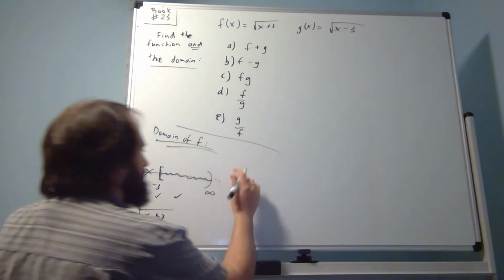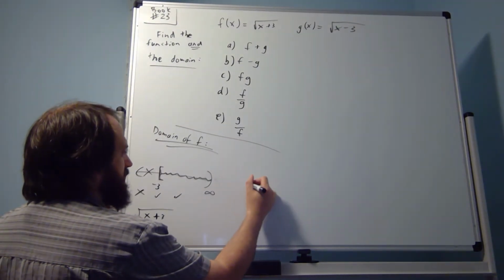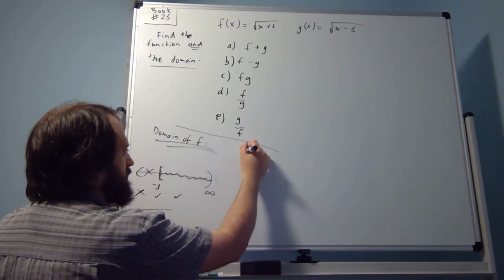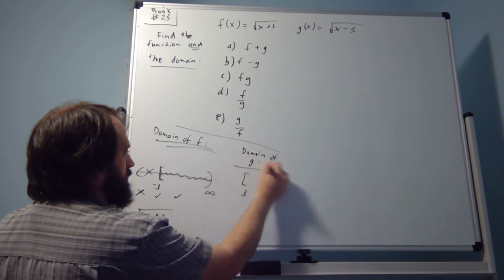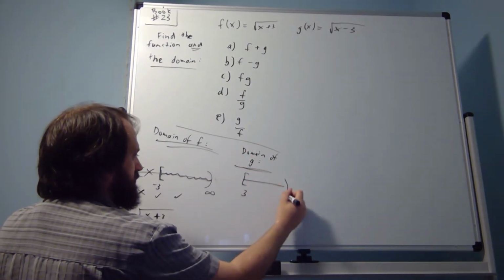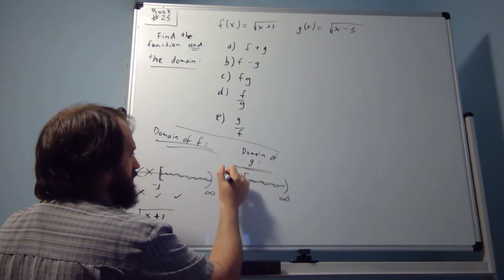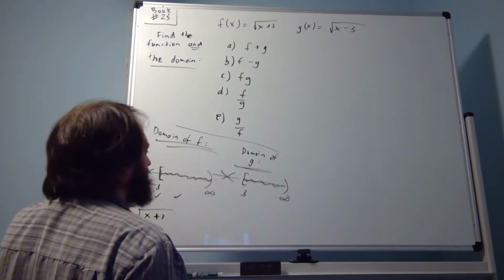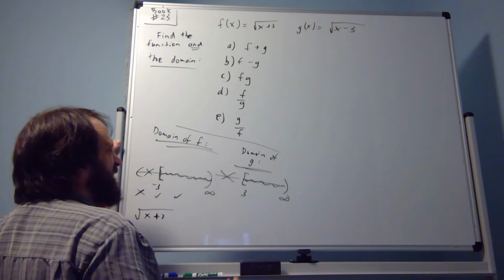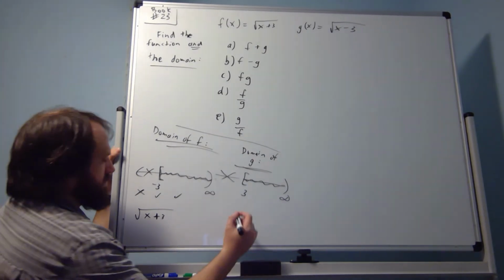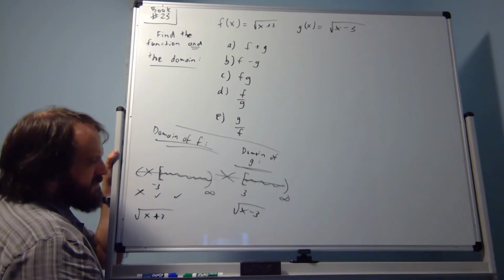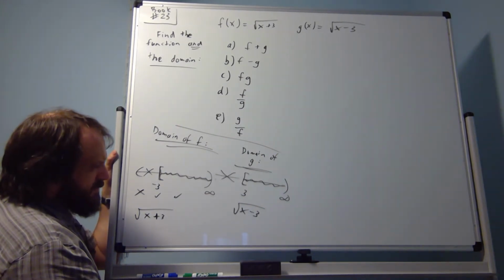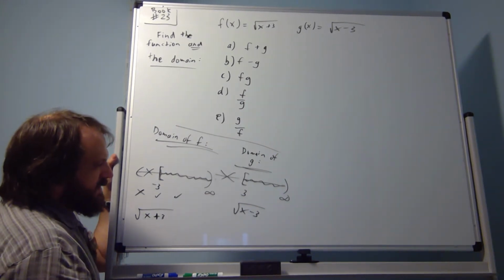The domain of g is the same thing, but it starts at +3, all the way up. Because g of x is the square root of x minus 3, and we want a real number to go in, and a real number to come out.